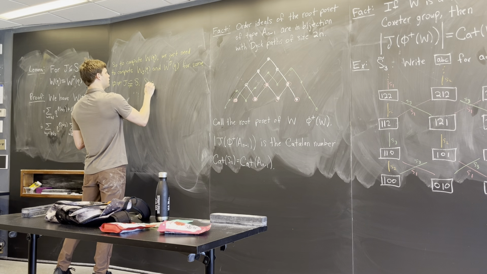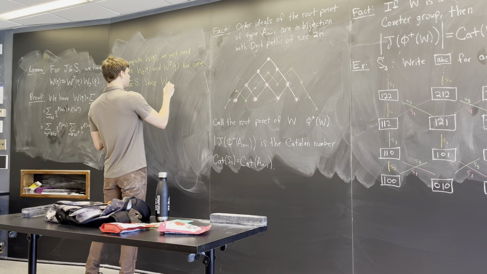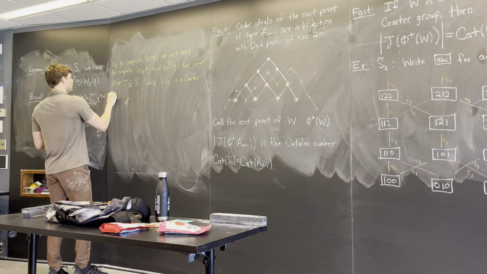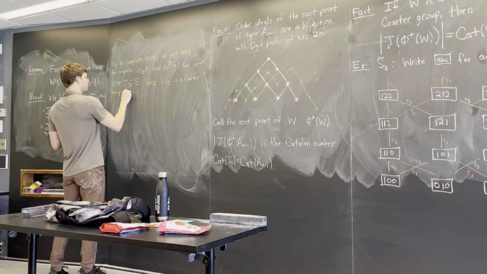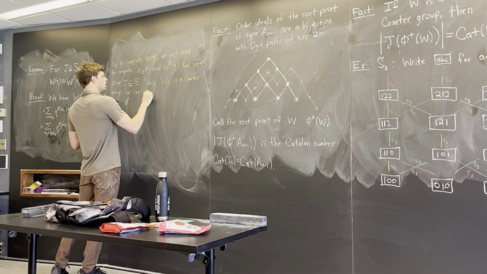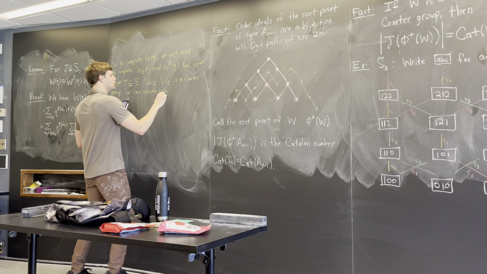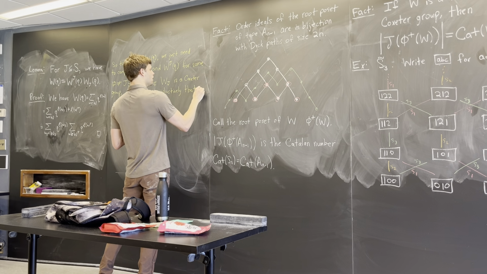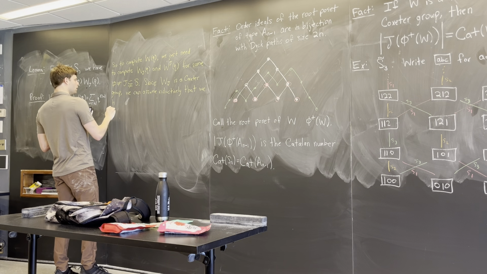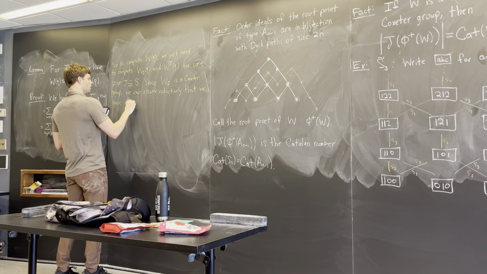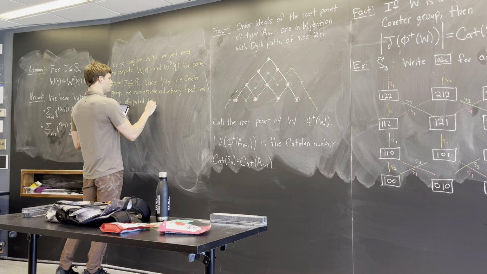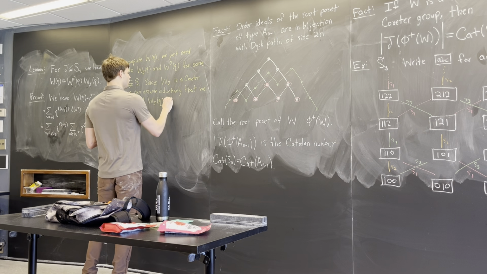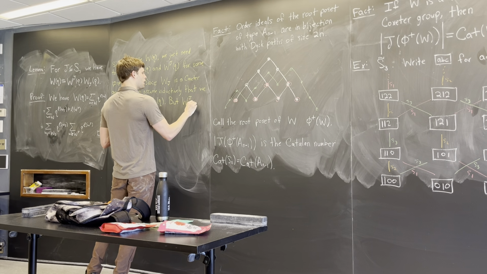And as I was saying, since W subscript j is a Coxeter group, we can assume inductively that we have computed W subscript j of Q. And then the only issue is that W superscript j is not a Coxeter group.